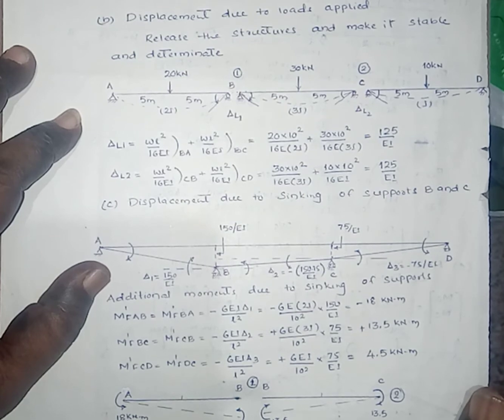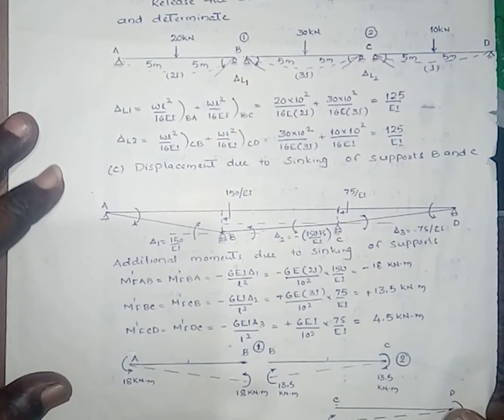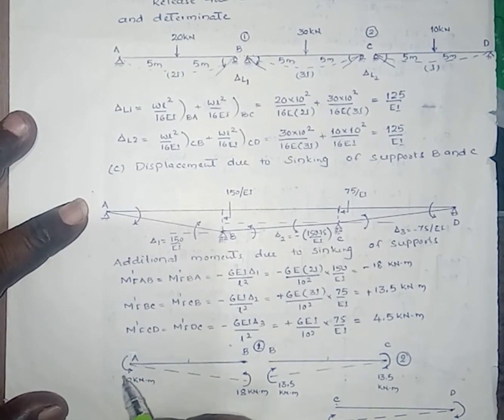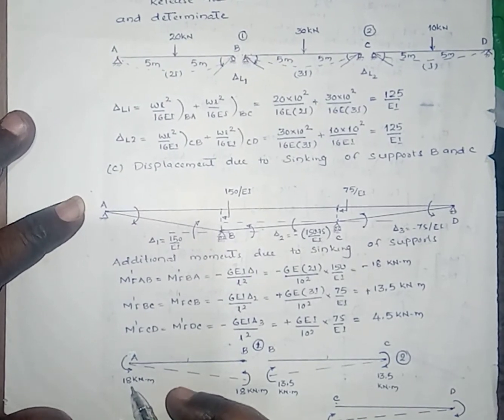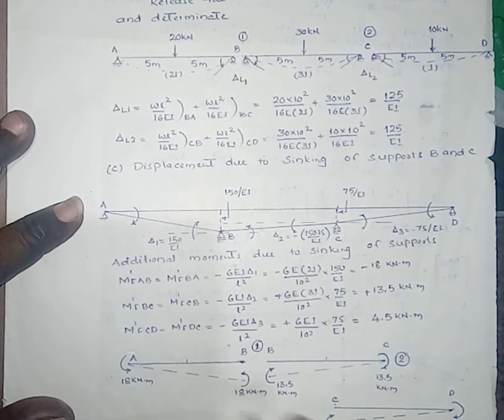Here these are the additional fixed end moments. Due to these fixed end moments, there will be the rotation at A. This one is the additional fixed end moment due to settlement of the support.